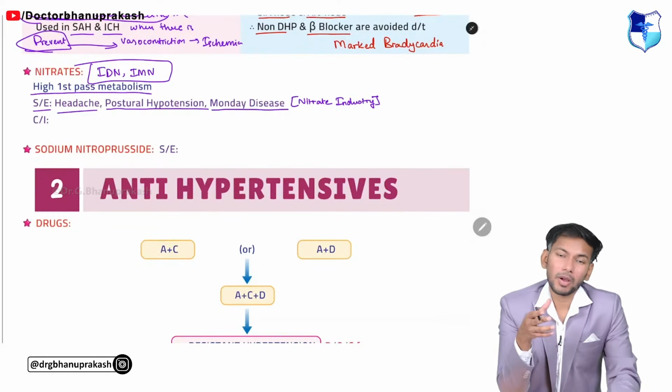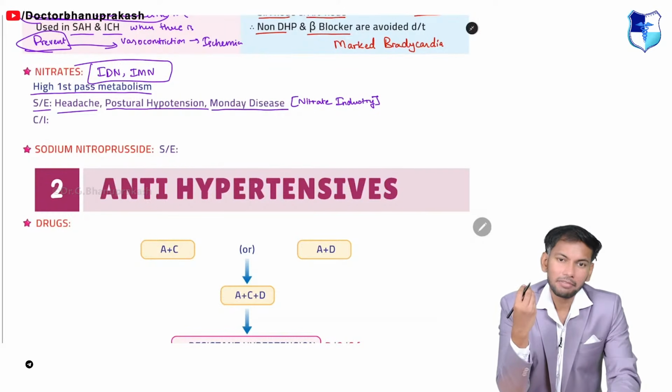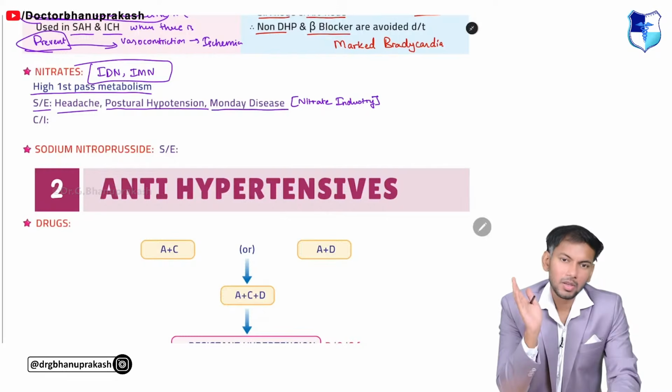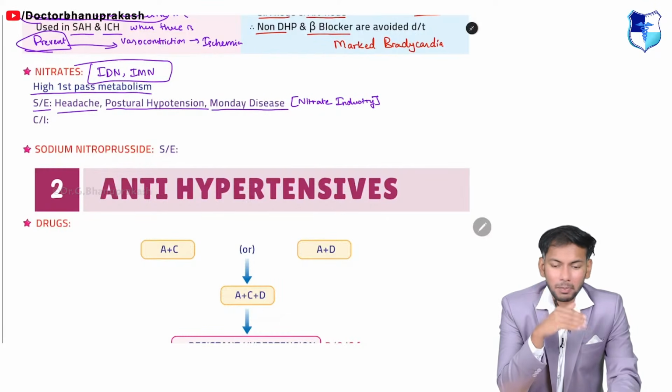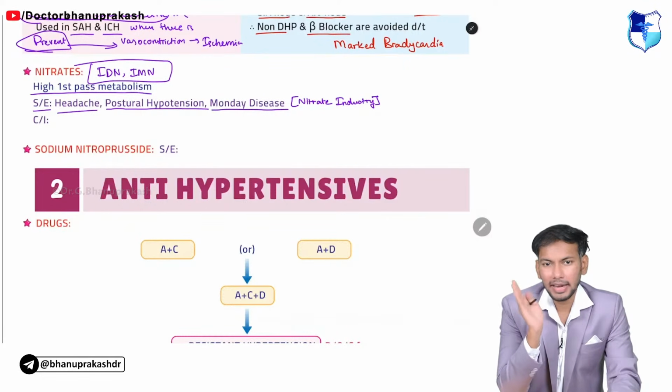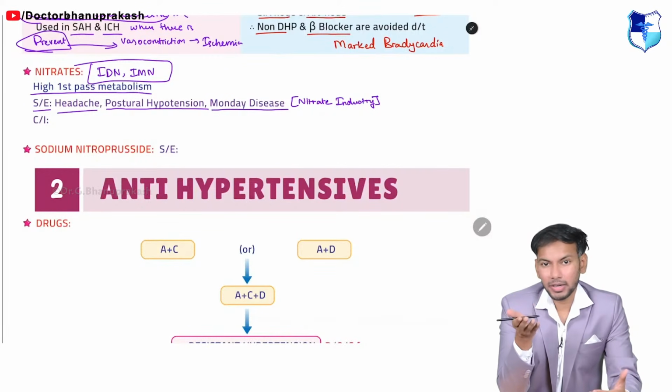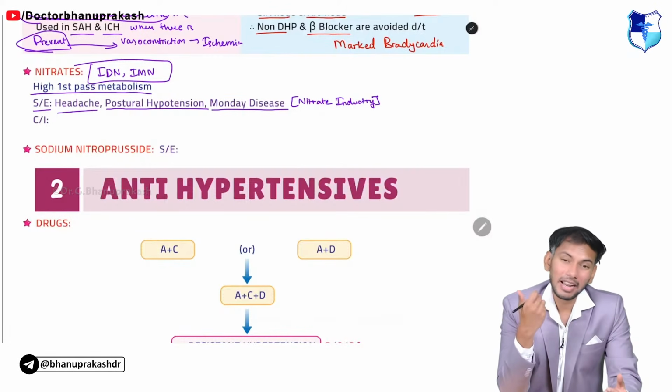Monday's disease. Why? Because they have continuous nitrate exposure from Monday to Friday. So usually what happens by the end of the week, the enzymes that release the nitric oxide from the nitrates are utilized, and there will be nitrate tolerance.